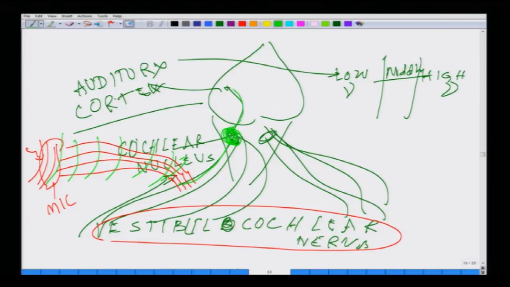From the cochlear nucleus it will reach the auditory cortex. Of course, this assumes that the auditory cortex, the vestibulocochlear nerves, and the cochlear nucleus are all functioning right.